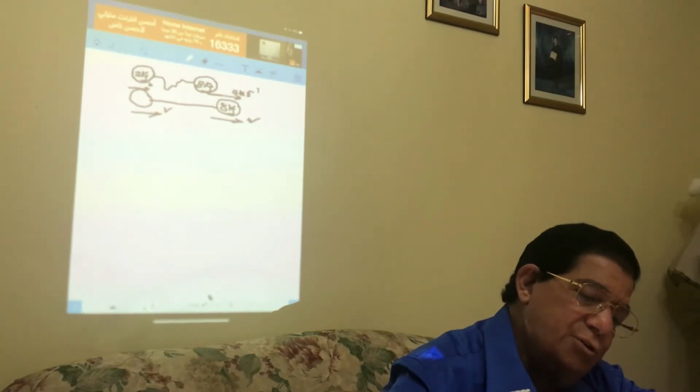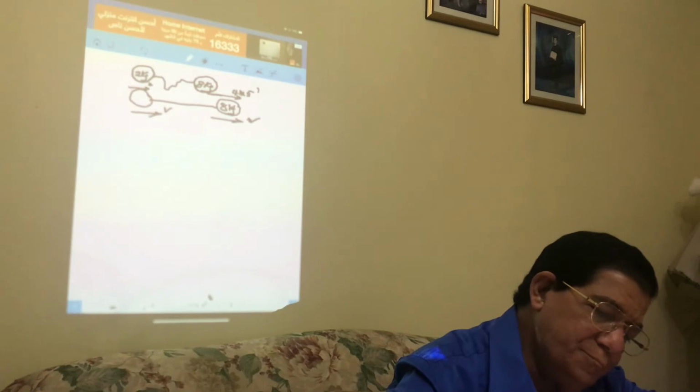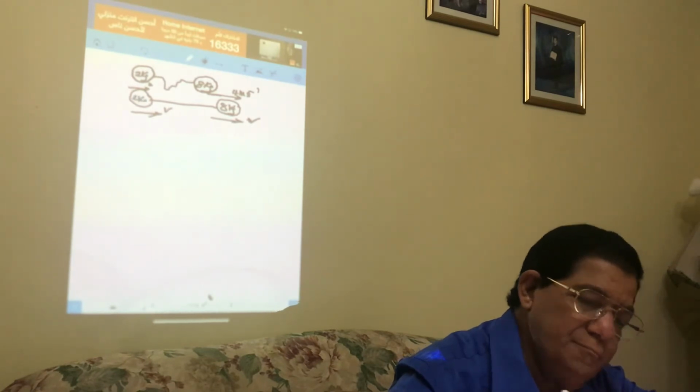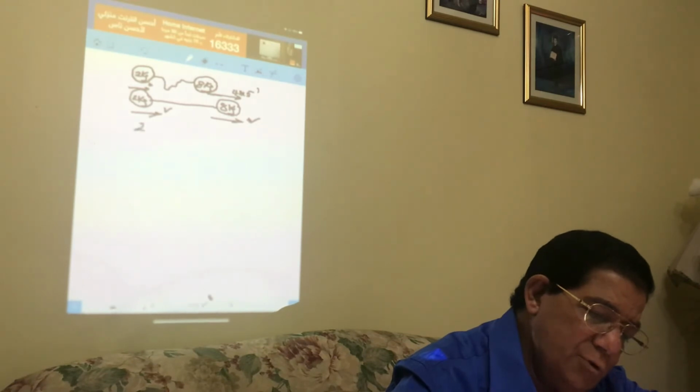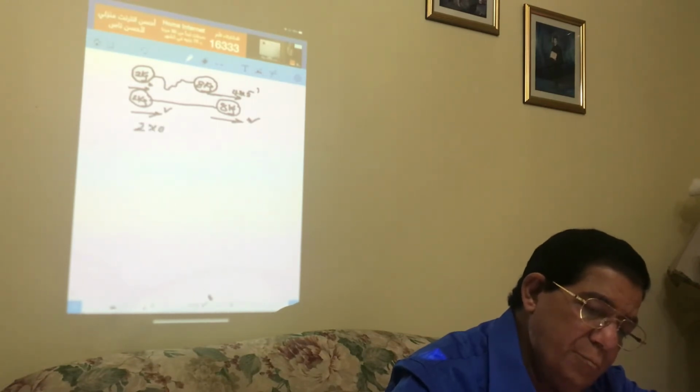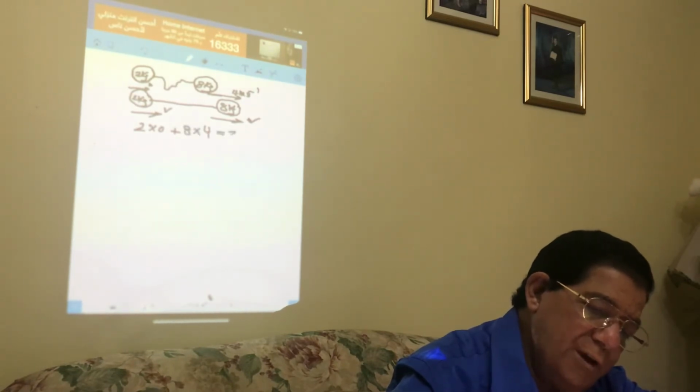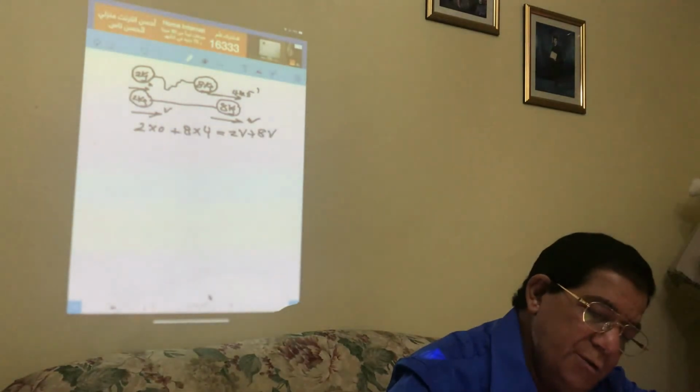Now we have conservation of momentum. The 2 kilogram with a velocity 0 plus the 8 kilogram with a velocity 4 equals 2v plus 8v. 32 equals 10v.